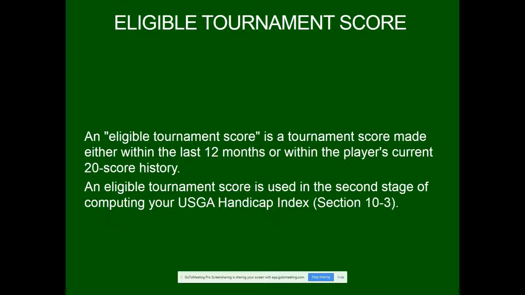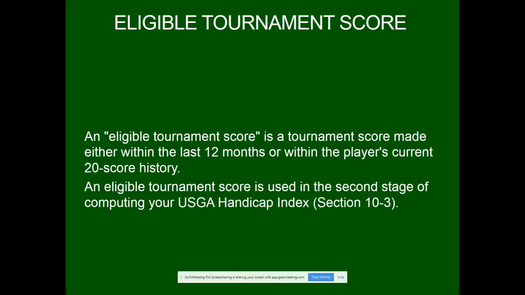All right, what is actually eligible for a tournament score? So when 10-3 is actually calculated, what it's looking for is any tournament score that has been made within the last 12 months or is on somebody's current handicap record within the last 20. In most cases, people play enough golf where it is in their last 12 months.